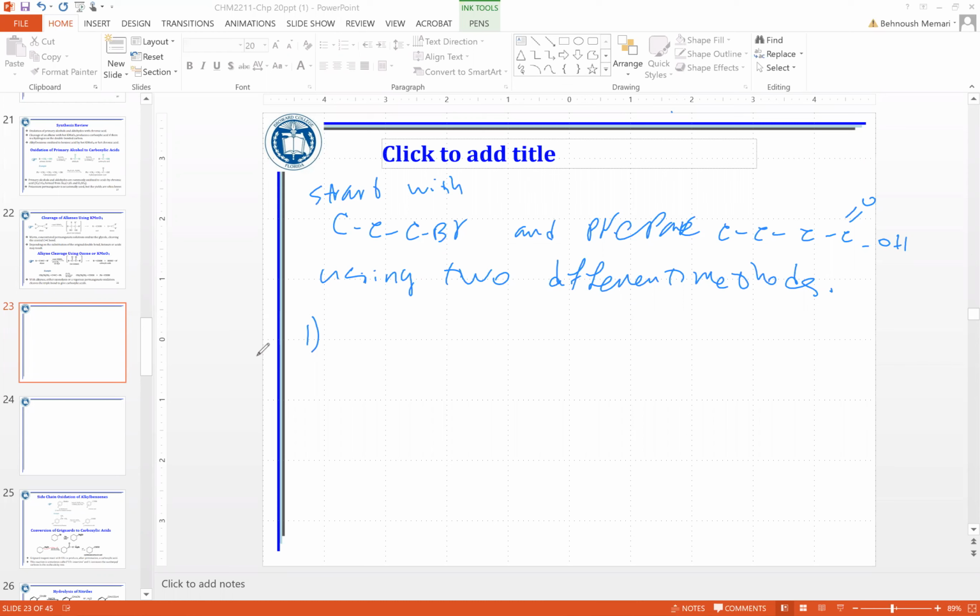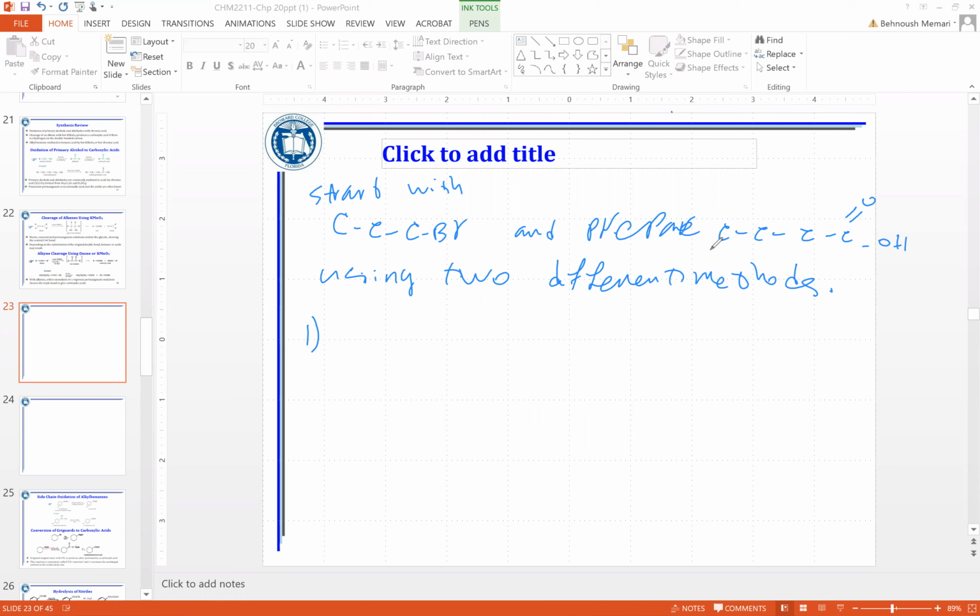No attempt even? Can I add CO2 to propyl bromide? To propyl bromide, can I add CO2?